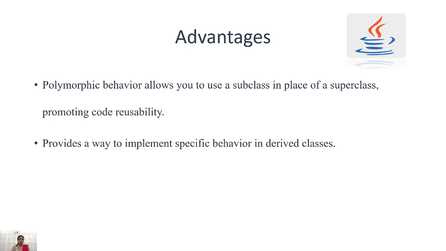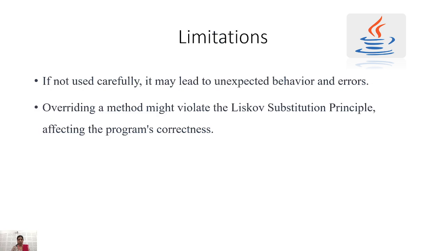Also, method overriding provides a way to implement specific behavior in the derived class. As it is an inheritance type, it adds a way to behave differently than what the superclass or the base class provides.